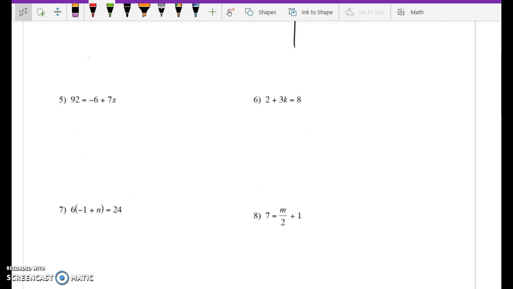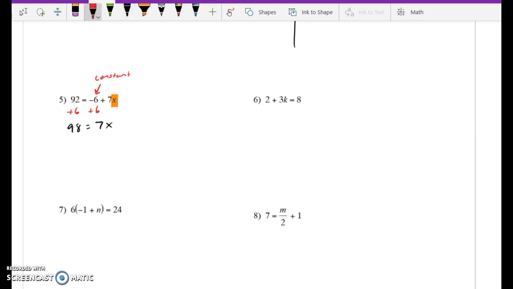So numbers 5, 6, and 8 are two-step equations. Remember, the whole goal is to isolate the variable. Step 1 is to add or subtract the constant, which is this one here. So I'm going to add 6 to both sides to give me 98 equals 7x.